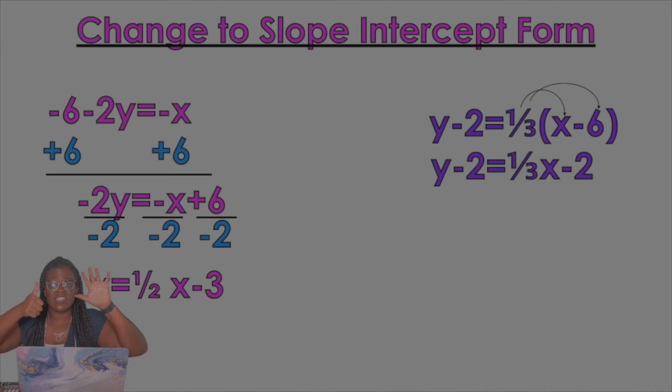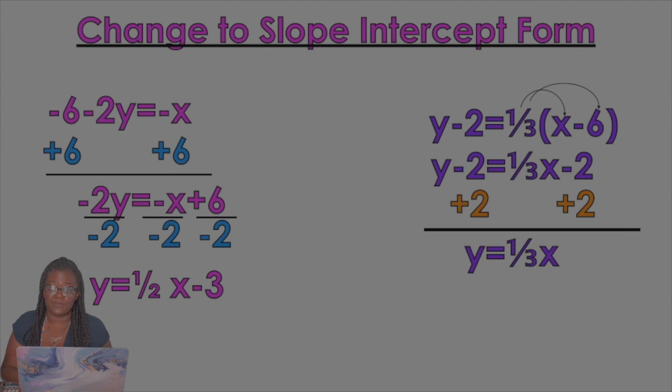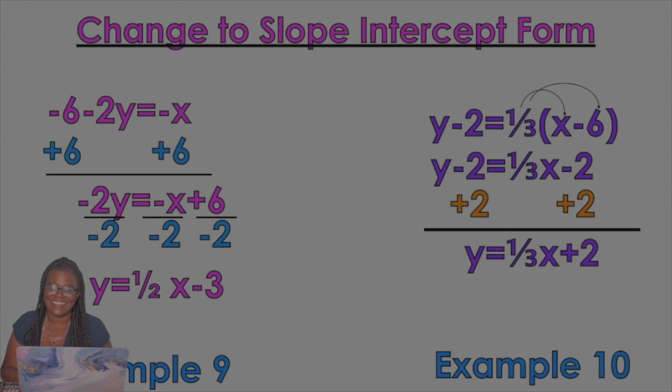If I have 6 things, I need to divide them by 3. That's the same thing as multiplying by 1/3. That's 2. Another group of 2, another group of 2. There's 3 groups of 2, so 1/3 of 6 is 2. I hope that made sense. Now to get y by itself, I'm going to get rid of that -2 by plussing 2. Y equals 1/3 x plus 2. It's example 9 and example 10.